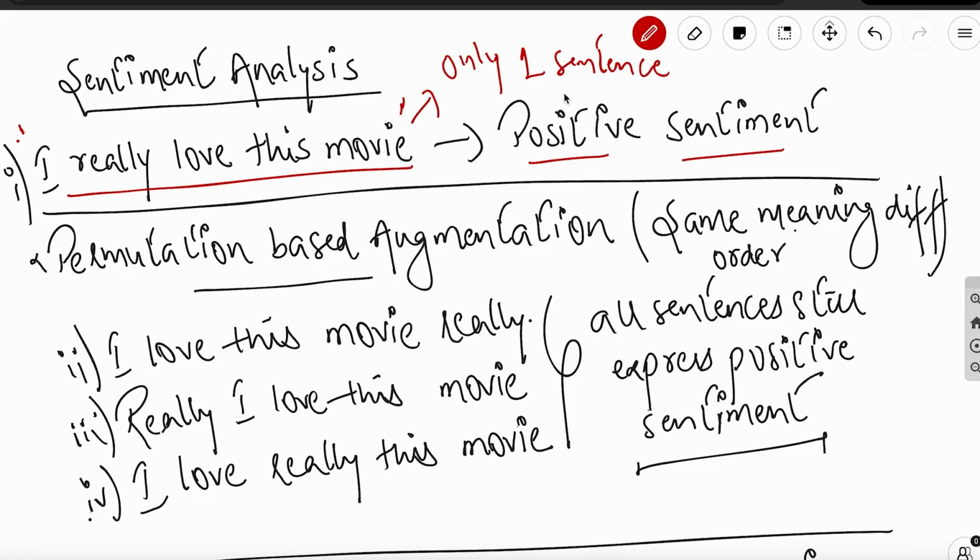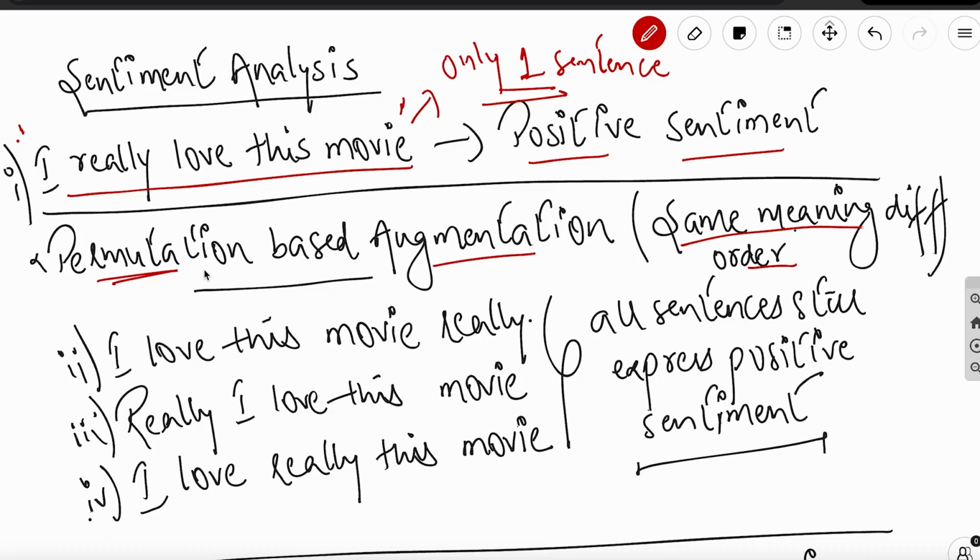Now the more data we have, the better the prediction of the model is, okay. So just one sentence is not enough. So what do we do? We use permutation to create augmentation, okay. So we create same meaning, different order. What it means is we rearrange the words present in this sentence, okay.